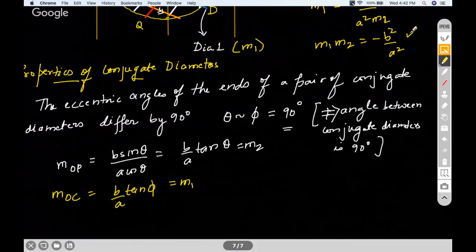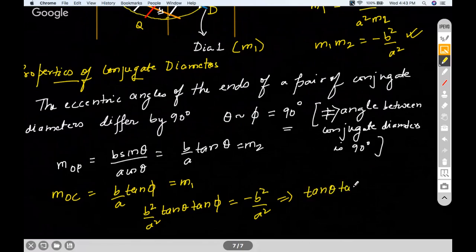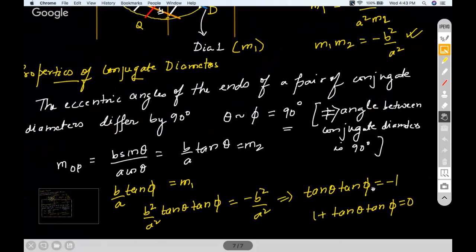And we already know this property that m1 into m2 is minus b square by a square. So I can say b square by a square tan theta tan phi is equal to minus b square by a square, which clearly implies that tan theta tan phi is equal to minus 1, which means 1 plus tan theta tan phi is equal to 0. Right?